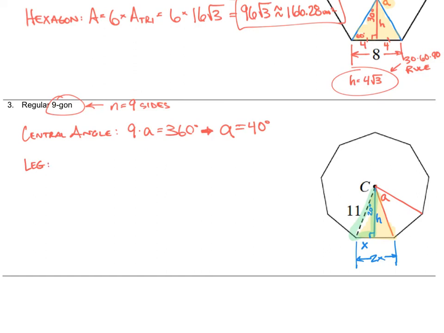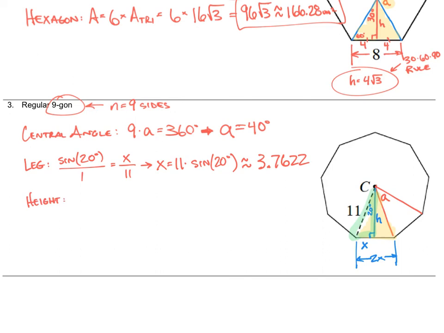I have X, which is the opposite leg, and I have the hypotenuse, which is 11. So I think I'm going to use the sine ratio there. That means X equals 11 times the sine of 20 degrees, which is approximately equal to 3.7622 units. We're going to do the same thing for the height, except this time it's going to be a cosine ratio.